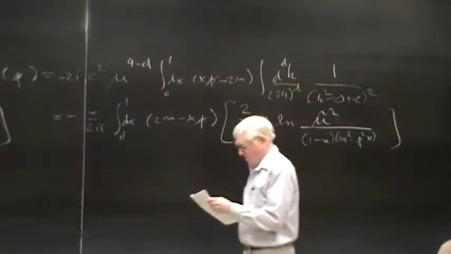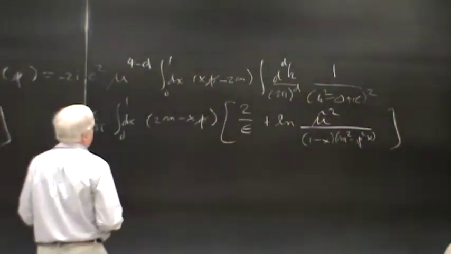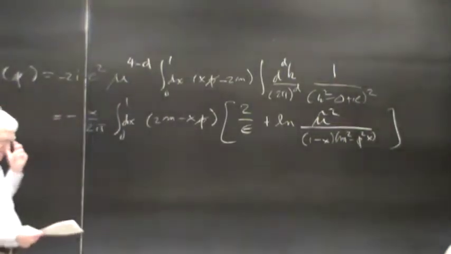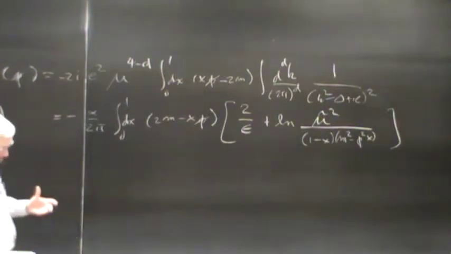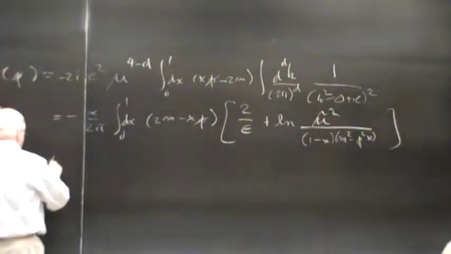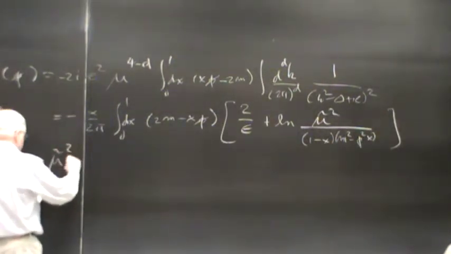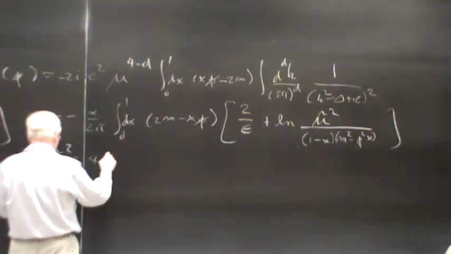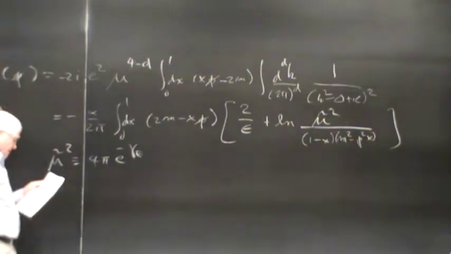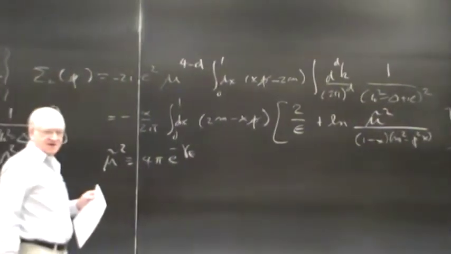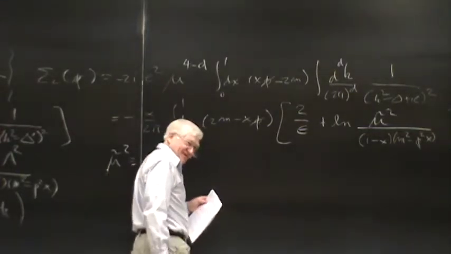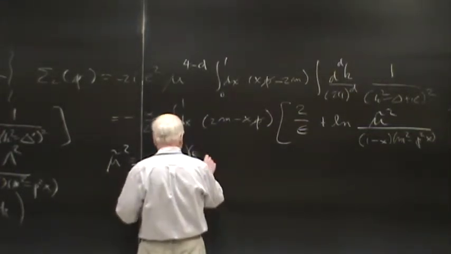And u tilde squared, well, you want to keep the electron's charge dimensionless. In d dimensions, electric charge has dimension, and so you absorb that into the u tilde. u tilde squared is 4 pi e to the minus the Euler-Mascheroni constant, which is about 0.6, being very crude, u squared.